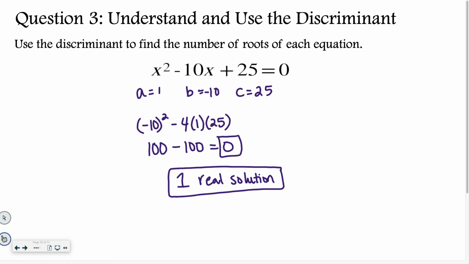All right, hopefully you ended up with a discriminant of 0, which means that there is one real solution. If you have questions about that, please be sure to ask for some help.